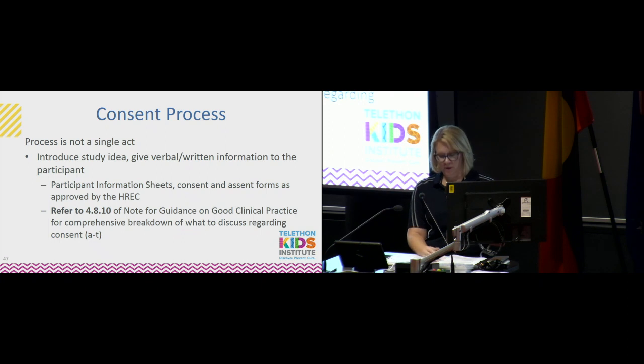At that point, you are introducing the study idea, you are telling participants about that research, you're also giving them a lot of information, which is the participant information sheets, which documents what the research is. You're asking them to look at consent forms or assent forms if they are needed. And then you are required to discuss a number of items according to good clinical practice.